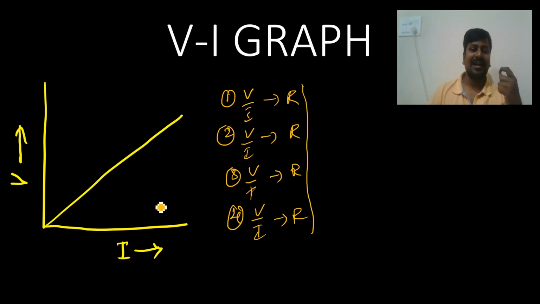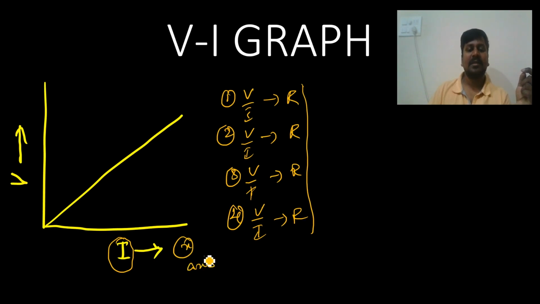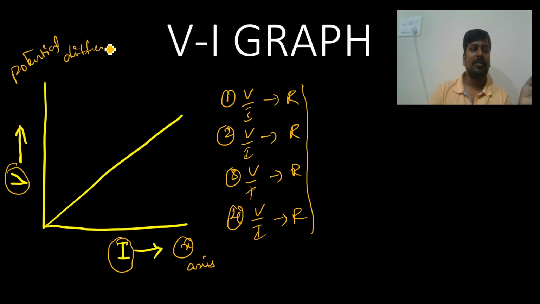Then you take the I reading, that is the ammeter reading, on the x-axis, the horizontal axis. The voltmeter reading, that is the potential difference, is on the y-axis, the vertical axis. The V by I ratio is R, so that will be equal.